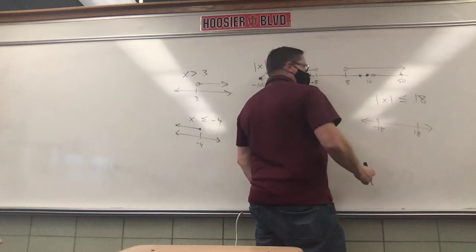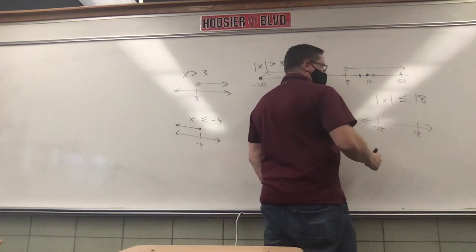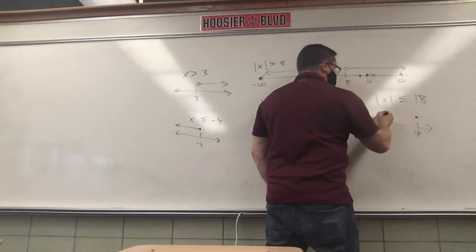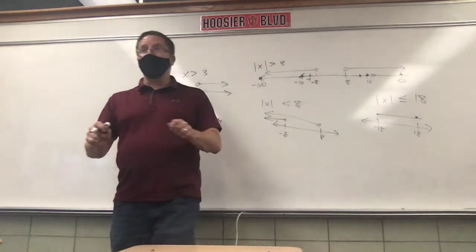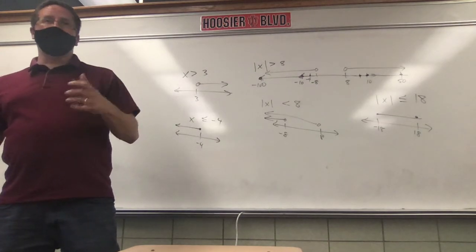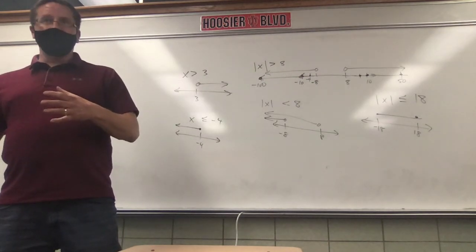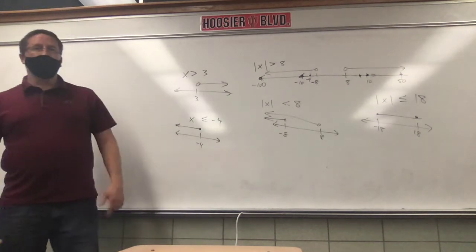Open or closed dots? Closed. Shade where? In between. What if it said bigger than? Well then, closed and out. Again, we're making it real simple. This whole chapter has been shading left or shading right. But now, with absolute values, you shade out or in. Out if it's bigger, in if it's smaller, okay?